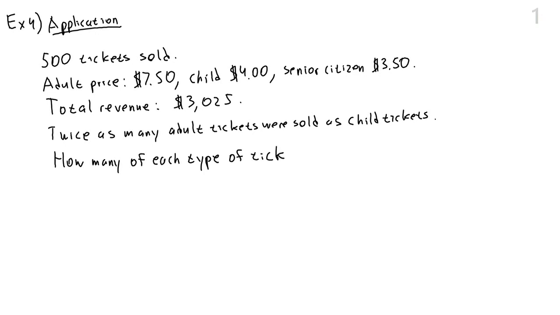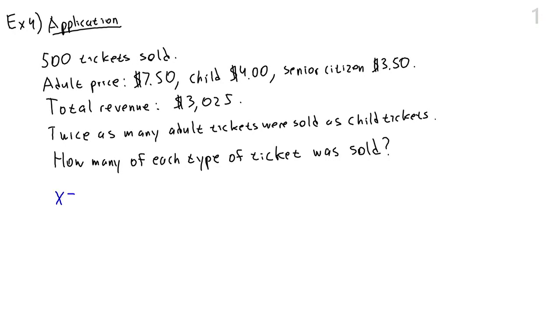In the last video, we had an application problem with just adult price and child price, but with a system of 3 variables, we have an application of 3 different prices, 3 different amounts. So first, we label things any way we want.